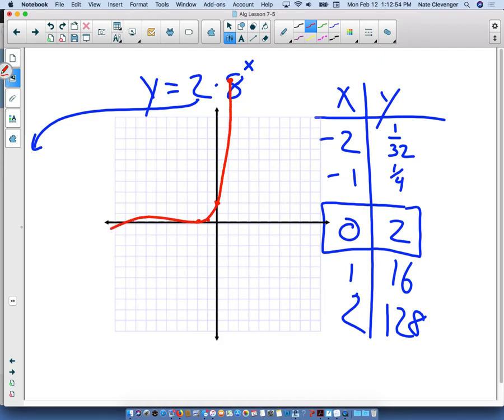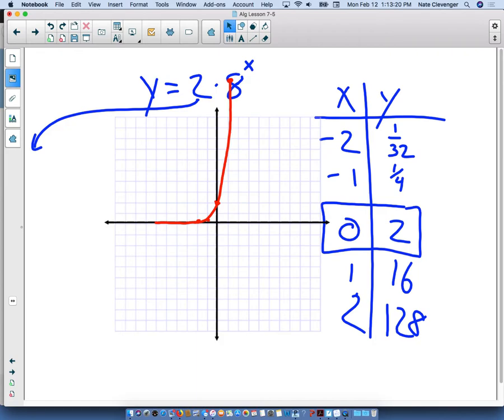Don't do the wavy thing though. And don't cross the line. Alright. We know what the y-intercept is, that's where it crosses at 2. What's the range, or the domain? Any number. We can plug in whatever number we want, we'll be able to kick out some value.